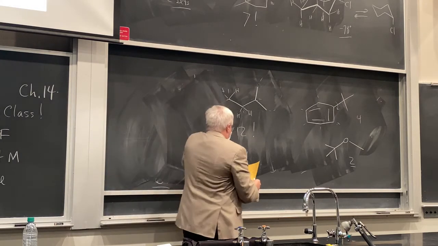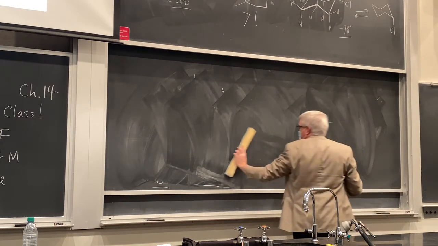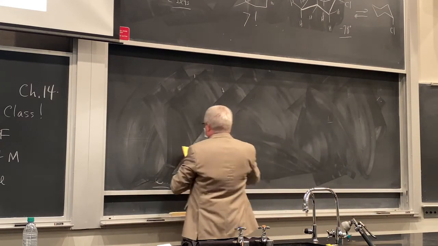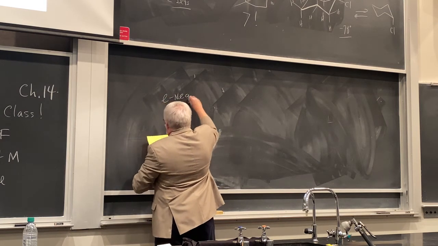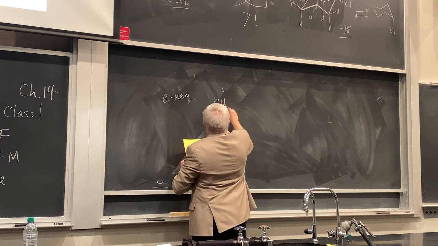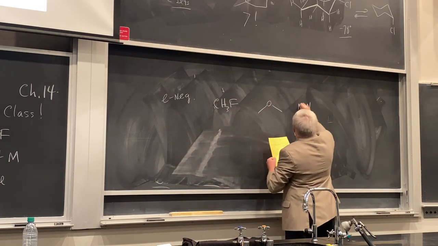So let's go back and look at some of the factors that affect shifting. And the first thing to look at is electronegativity, how close things are to electronegative atoms. So let's look at these molecules here.